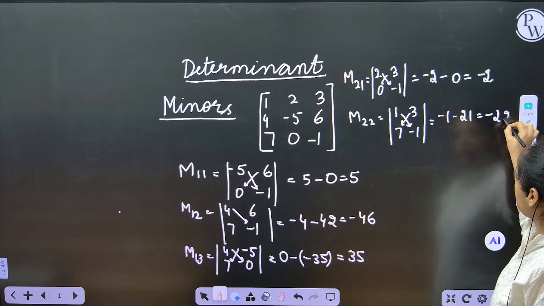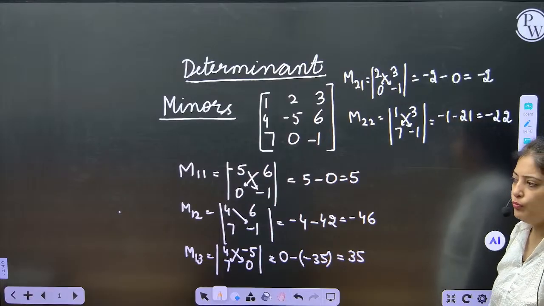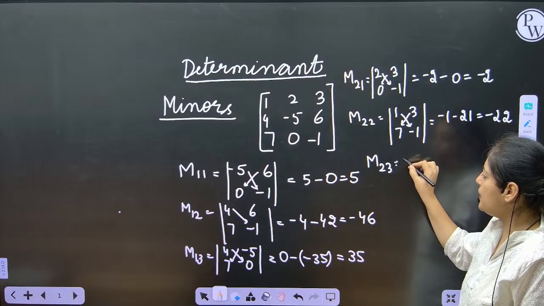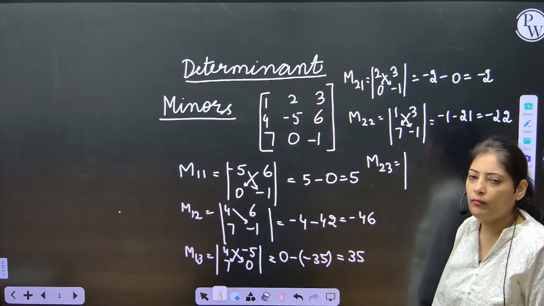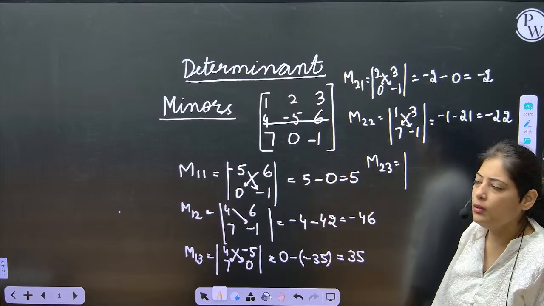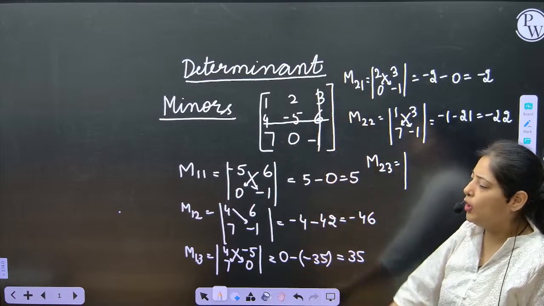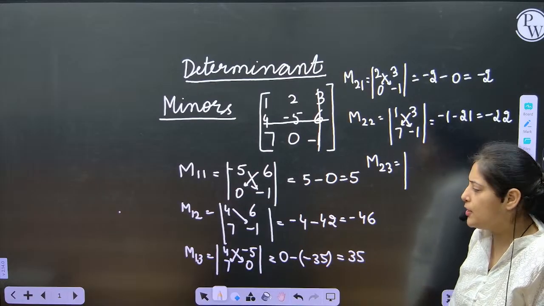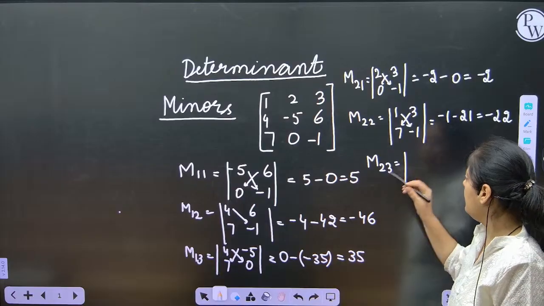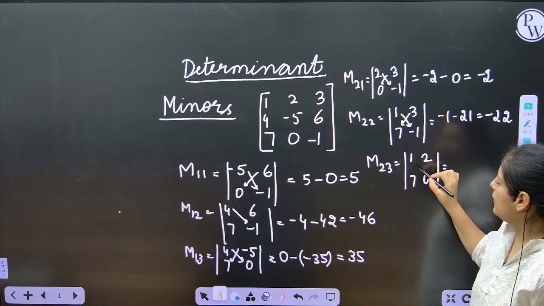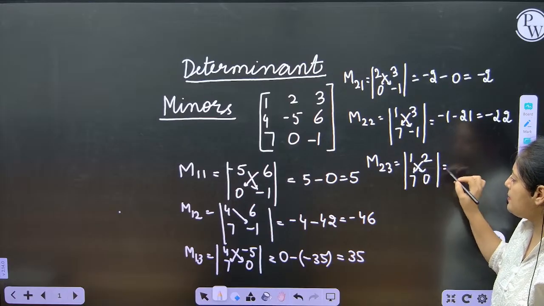It will come out to be minus 22. M23. 23 means second row, third column. Which 4 numbers are left? 1, 2, 7, 0. Diagonally multiply and subtract.